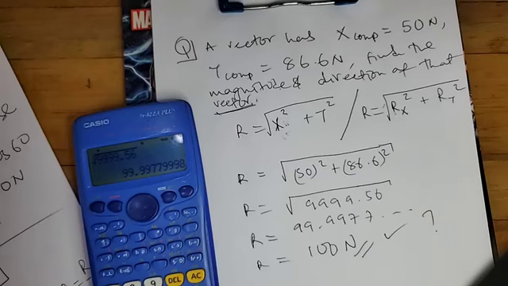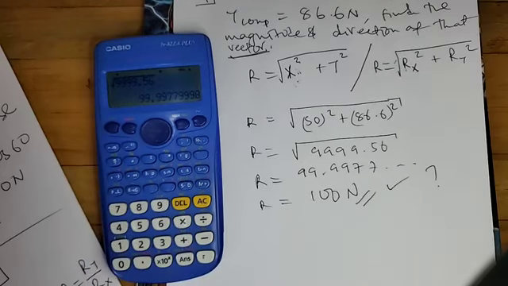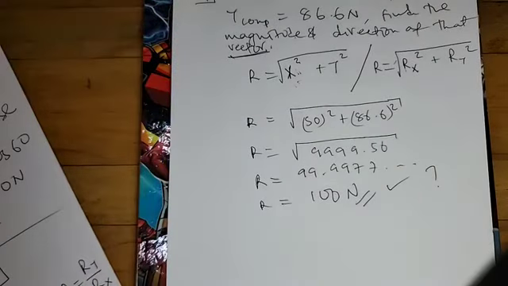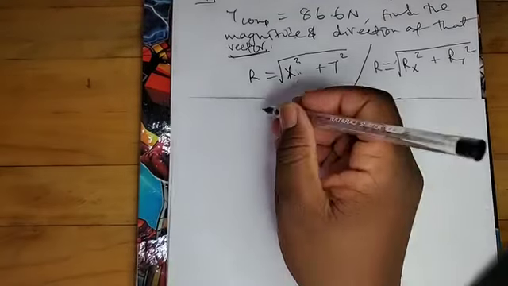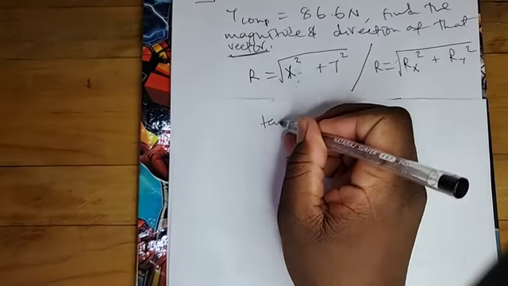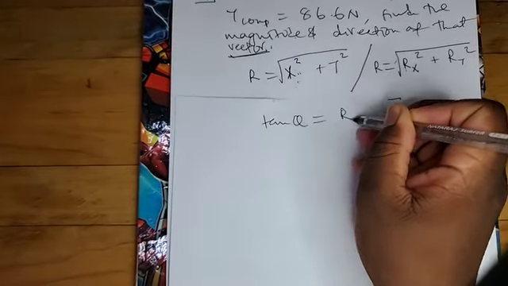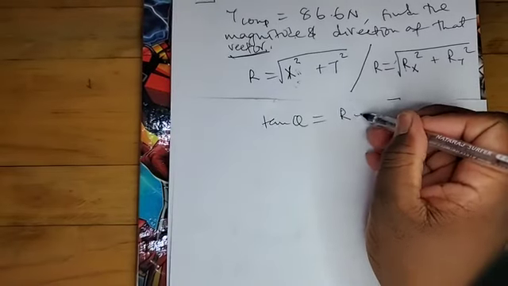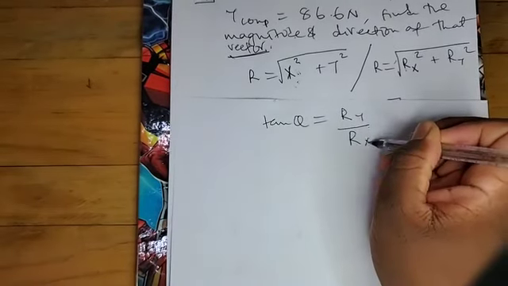Yes, direction or angle is missing, but what ratio? Okay, excellent. We use tan. So to be more specific, recall that tan theta is equal to r y divided by r x.